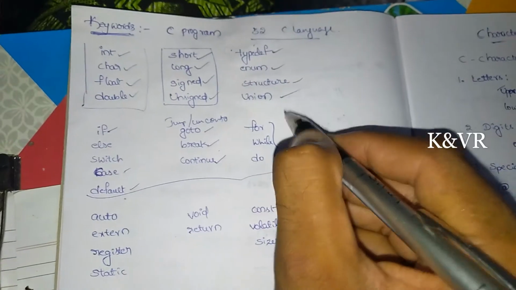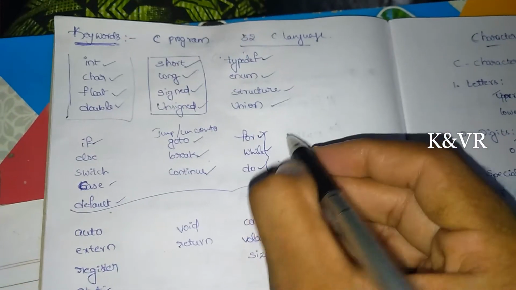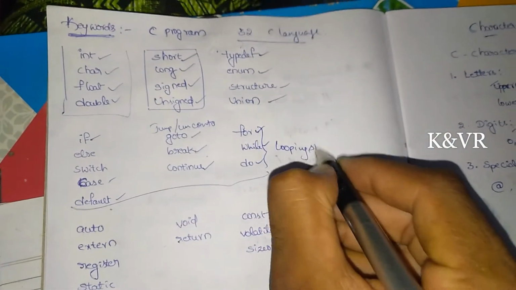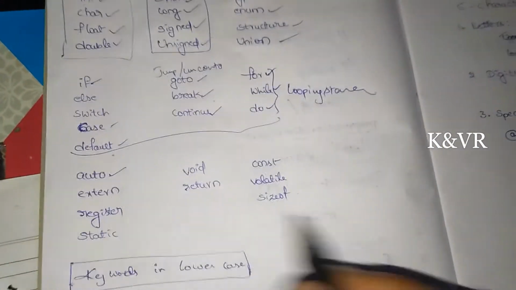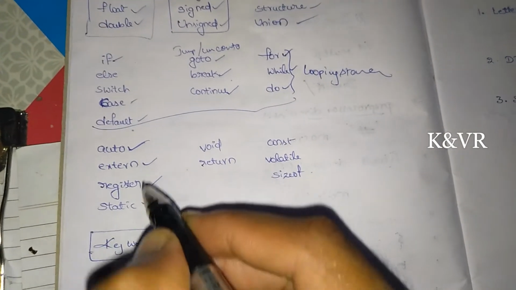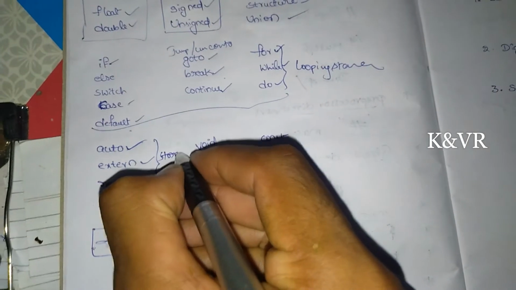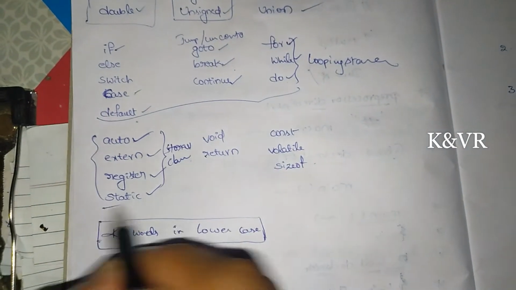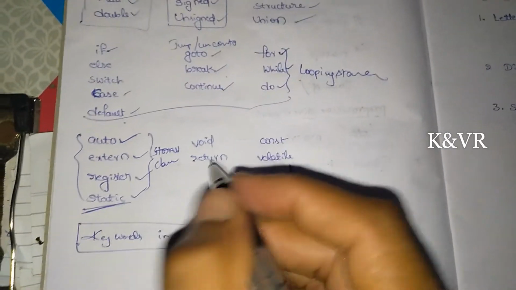And these, for, while, do, we call looping statements. And if we come across these, auto, extern, register, static, we call these storage classes. This is very important and we should know about this clearly. In the next videos I will definitely upload about this.